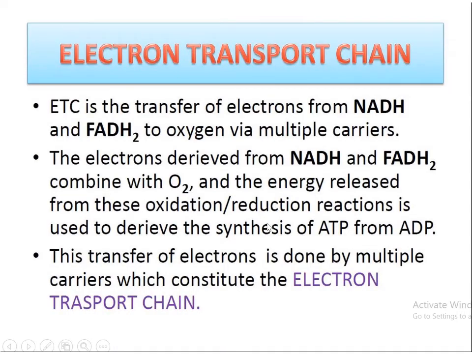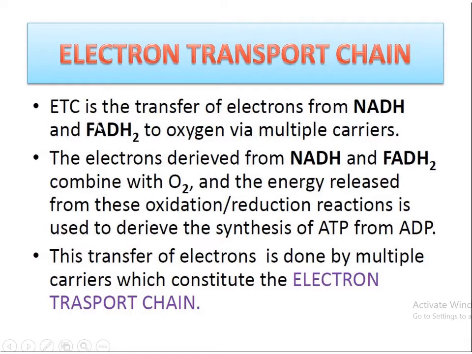So now the electron transport chain or electron transport system is the final step of aerobic cellular respiration, and the electron transport chain is present in the inner membrane of the mitochondria. It consists of various enzymes, coenzymes, cofactors, and electron carrier proteins.